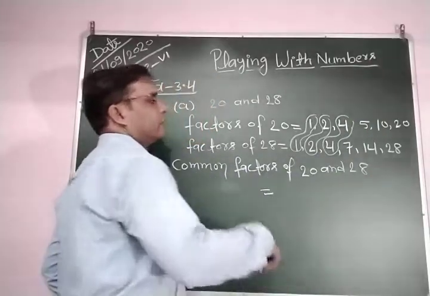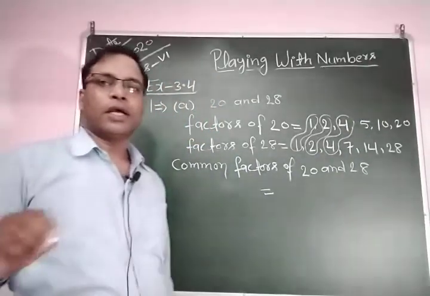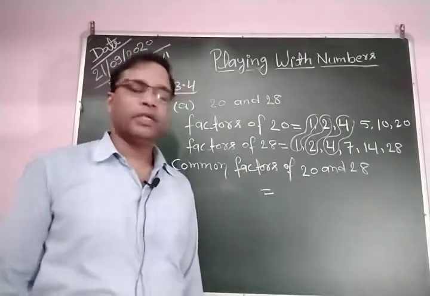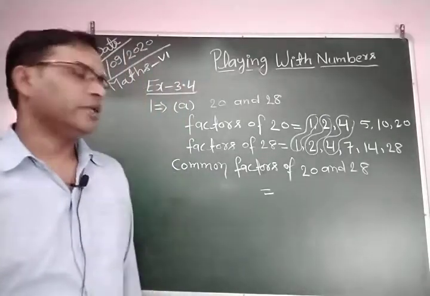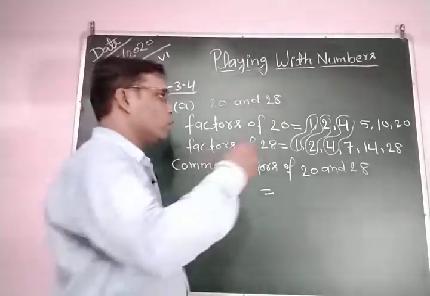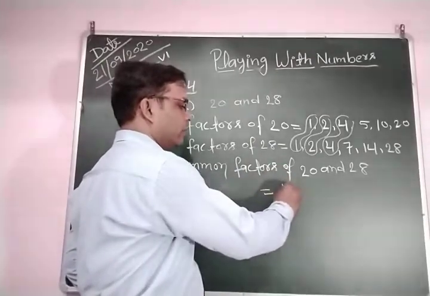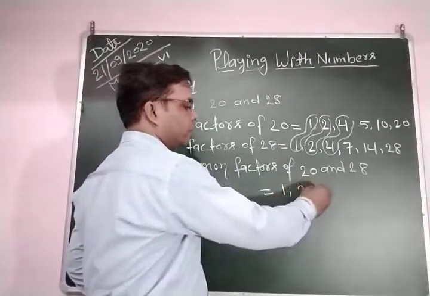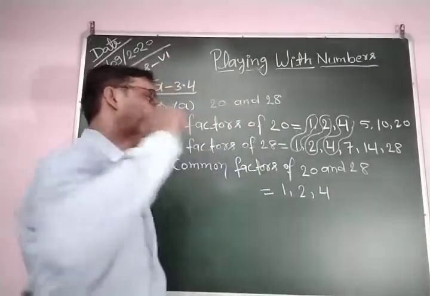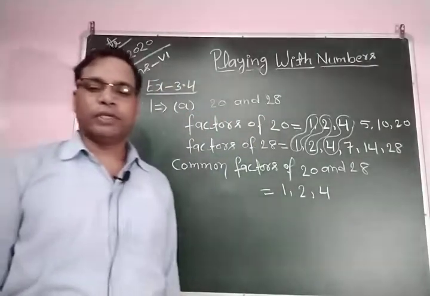Only 1, 2 and 4 are common between them. Then you can say the common factors of 20 and 28 are 1, 2 and 4.